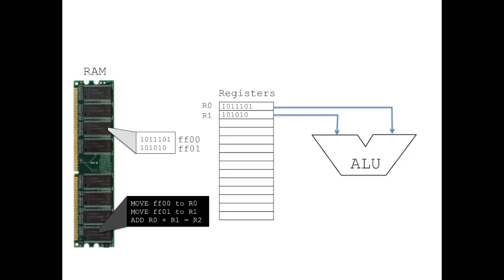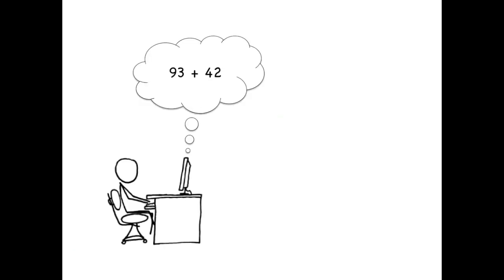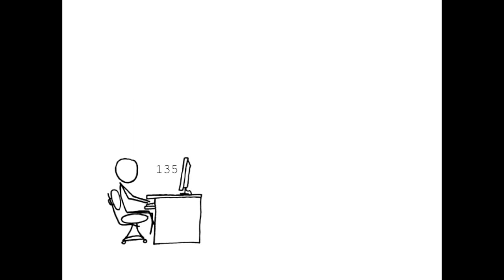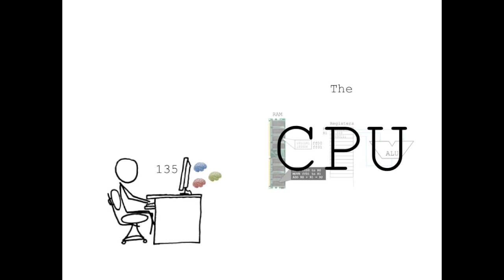So it moves R0 and R1, adds the numbers, and then outputs it back into the registers. So now the computer has calculated 93 plus 42 and spits out 135. Wow, a lot happened just for one simple thing. And now, you know some of the brains behind the CPU.